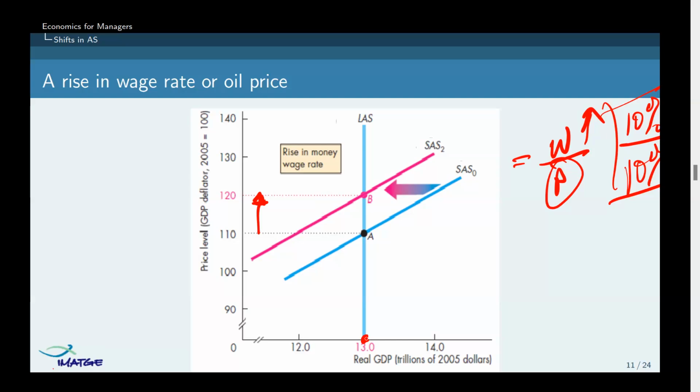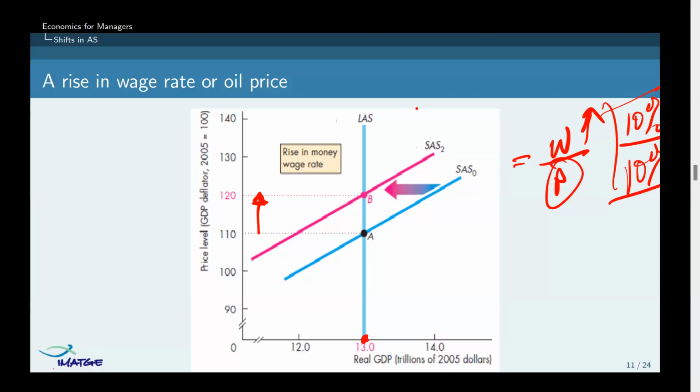May I ask, why did you say it shifts the long run aggregate supply curve? I think it will become clearer when you illustrate for us how the long run aggregate supply curve moves, the LAS. You're saying it will become clear when I show how the LAS moves in the long run?